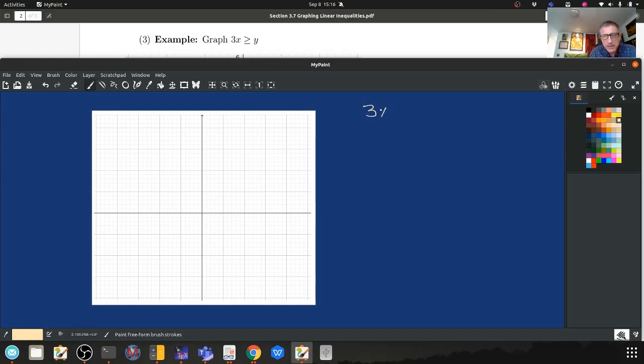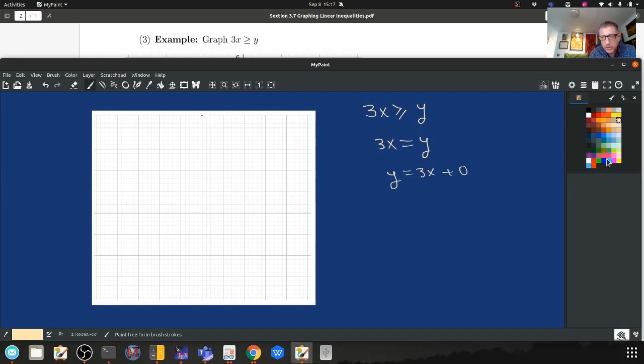So 3x is greater than or equal to y. What we do is we change the greater than or equal to into an equation by changing it into equality. This is the same as y is equal to 3x plus 0.